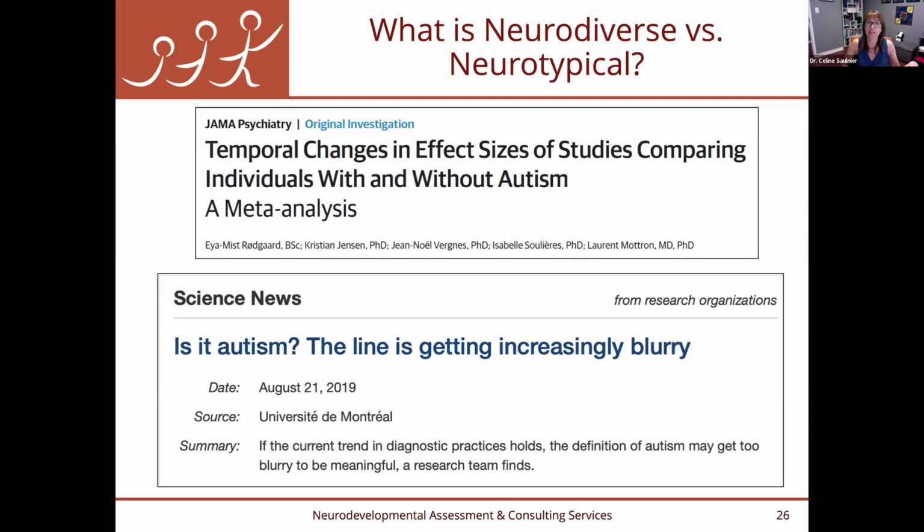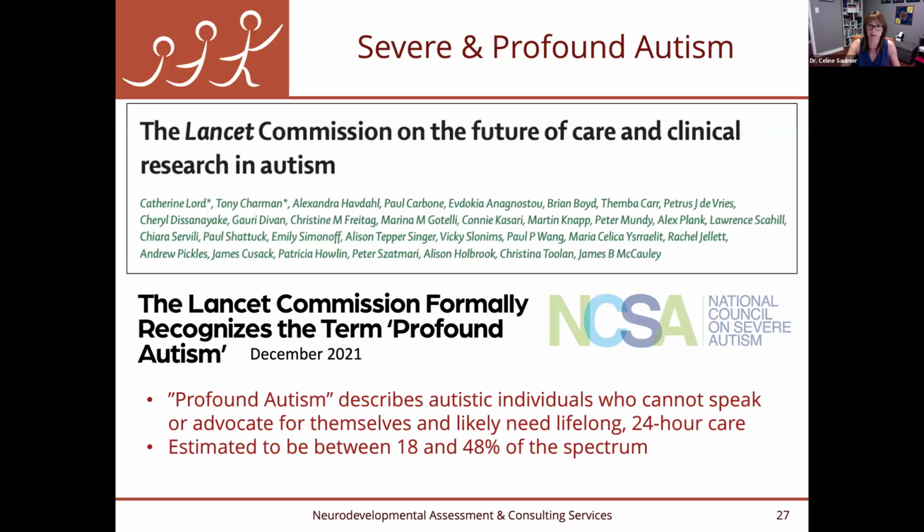Versus the parents, family members, and caregivers of those who are severely and profoundly affected, minimally to nonverbal, that have severe self-injury and/or aggression and behavioral dysregulation. Those deficits, the family members are absolutely saying, I want to find a cure for this. I want intervention for my child. And so these different viewpoints are at odds against each other, and it's become really controversial in the field.